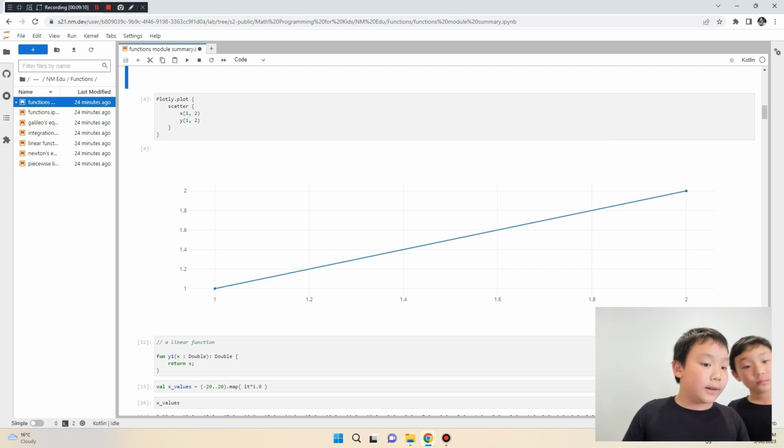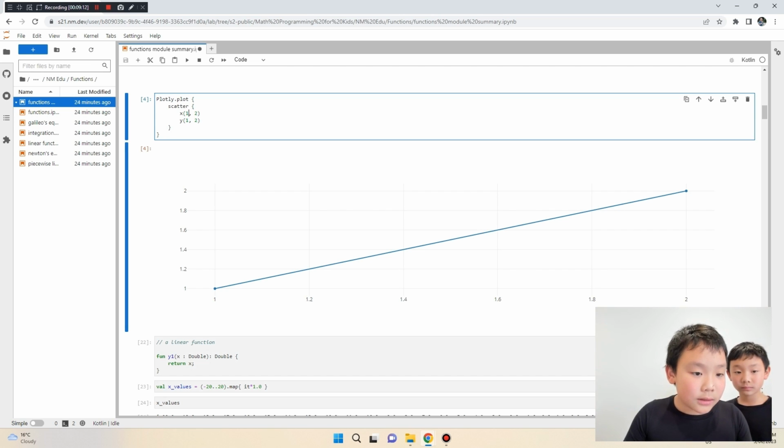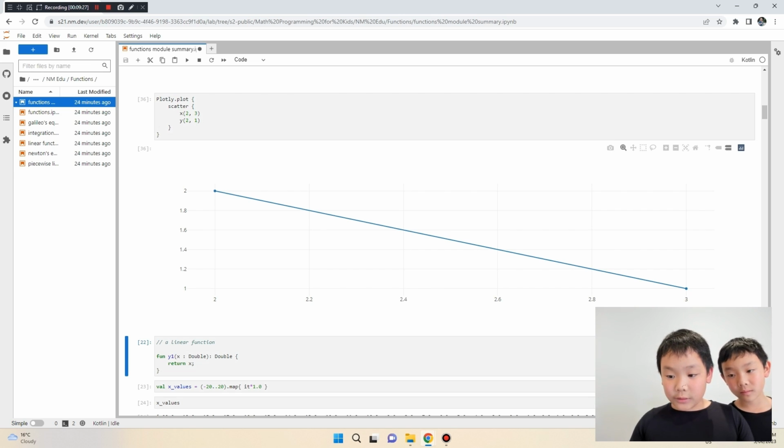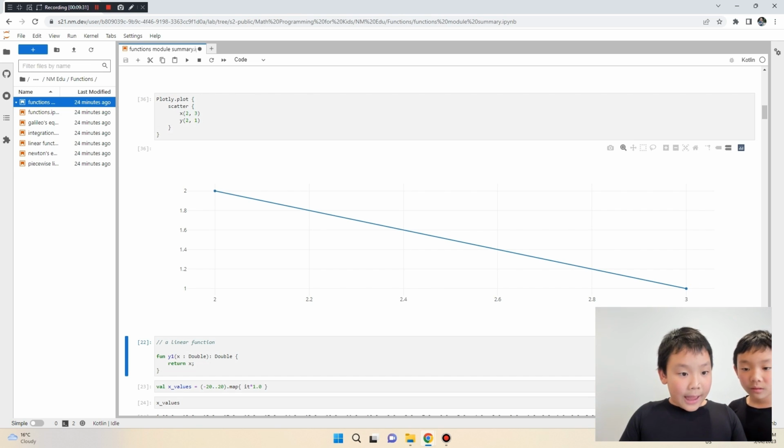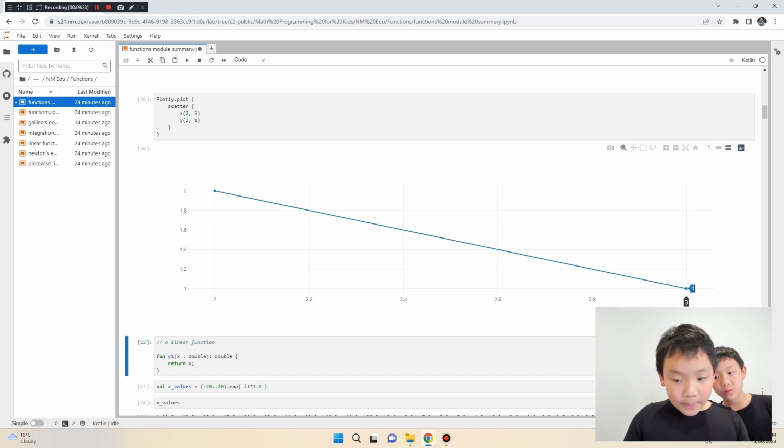This can also be changed like this. This can be like 2. This can be like 3. This can be 1. And this can be 2. So now look, 2, 2, and 3, 1.